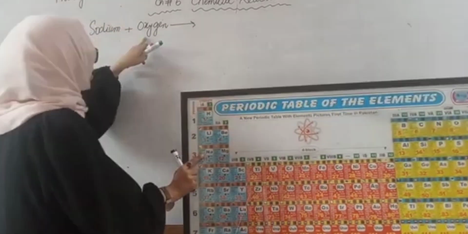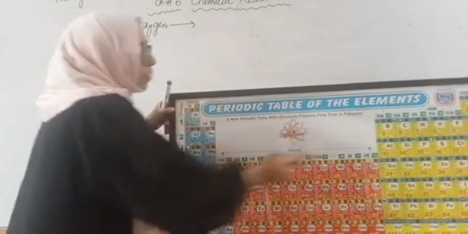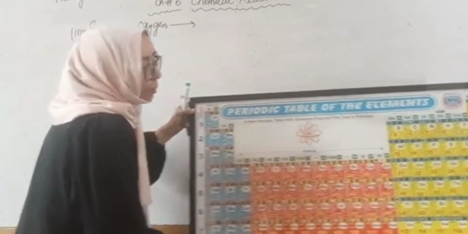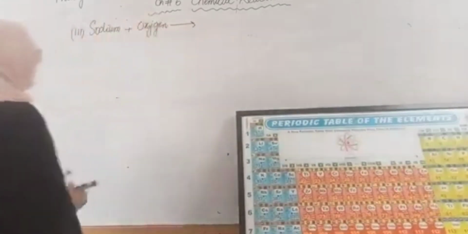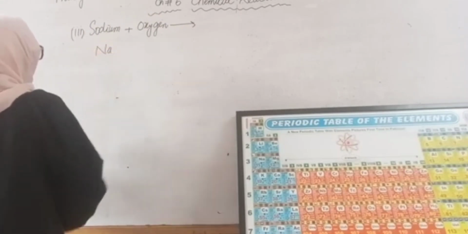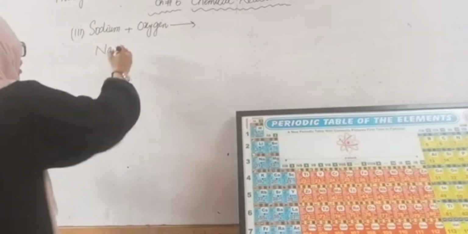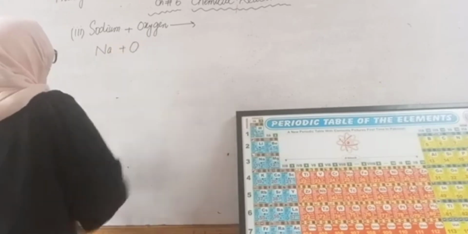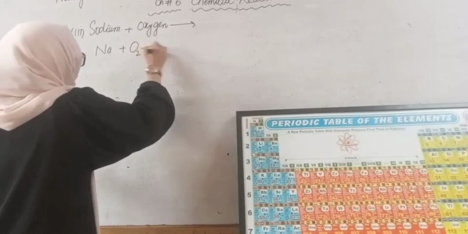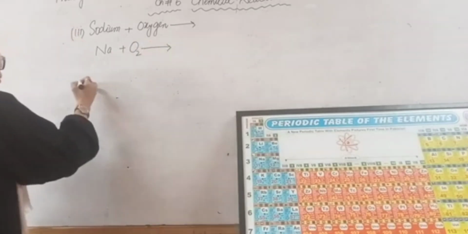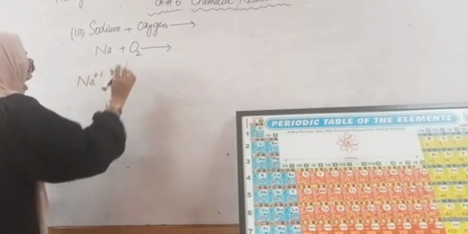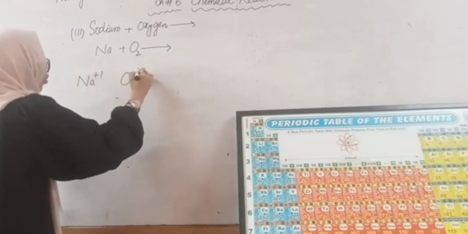And next is oxygen. You know that it has symbol O and charge -2. Sodium has symbol Na, and oxygen is a gas, so it is in the divalent form. By this example, Na has charge +1 and O has charge -2.